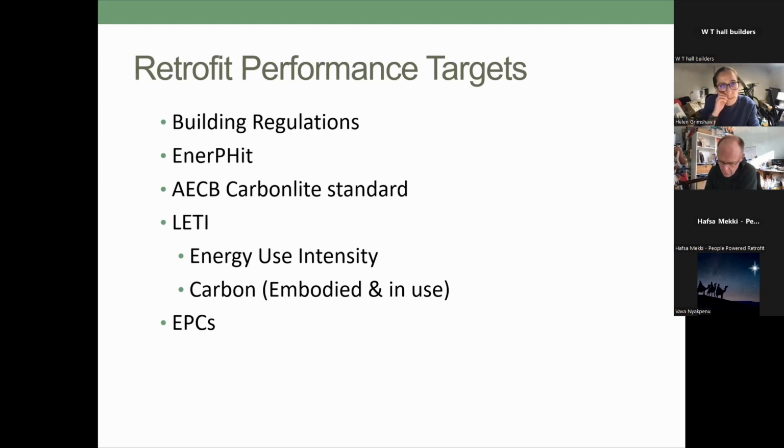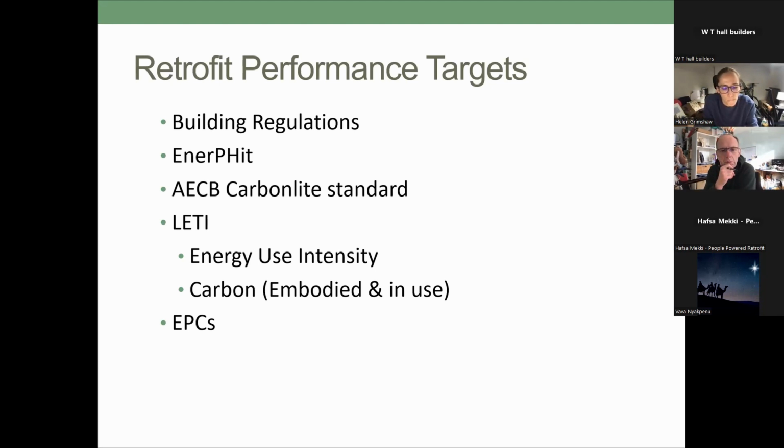The thing to emphasize, particularly with the AECB standard, is that historically they've had a standard of 40 kilowatt hours per meter squared and an air tightness of 1.5, and they've very recently split it into two standards. So we have a level 1 and a level 2 standard now, and level 1 is in effect an entry level.